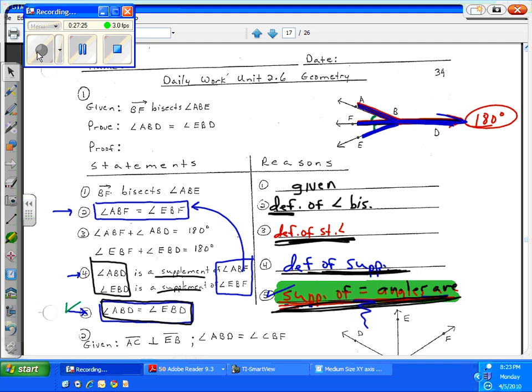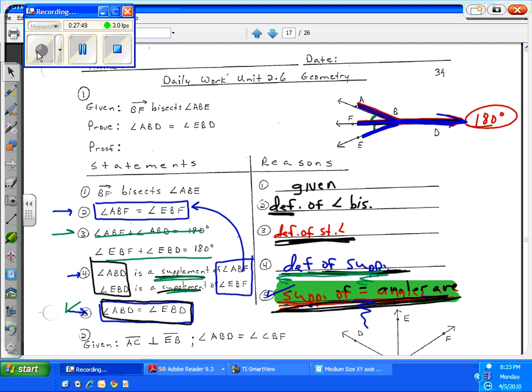So what we're going to do is go to the next needed statement. So this is kind of checked off, that whole line, you see. So we go to the next needed statement, and it says ABD is a supplement. And so we look at the reason, definition of supplementary. Well, to say definition of, we need the word supplementary and what we get out of it.